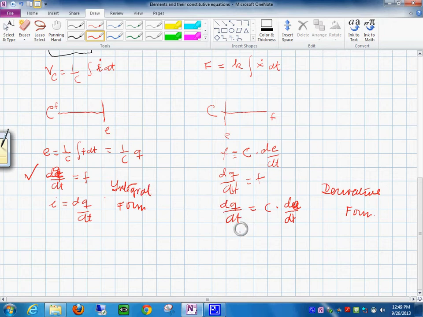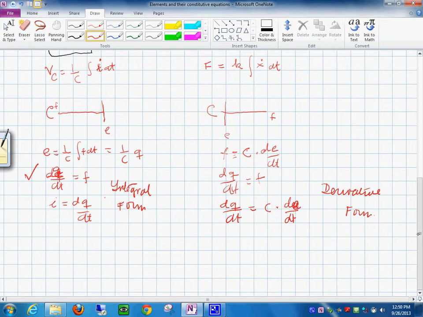But it has a derivative on the right hand side, and we can't have that to solve the system of equations because we have two derivatives on each side of the equal sign. So we need to do a trial and error solution in case that we have derivative form. So we try to avoid that.